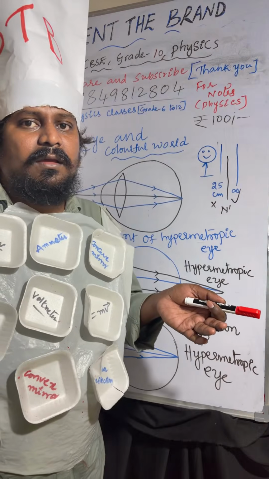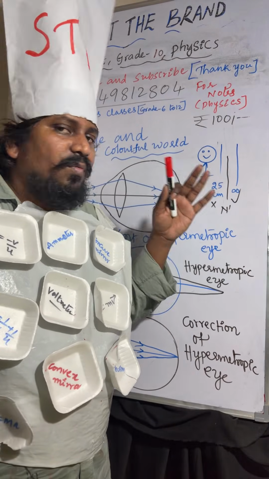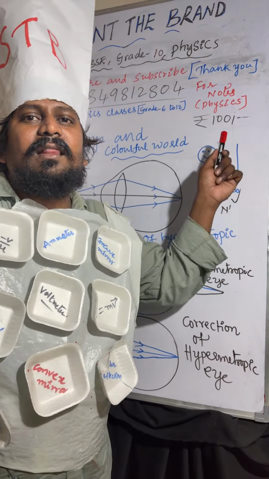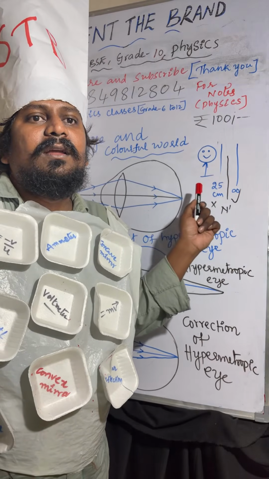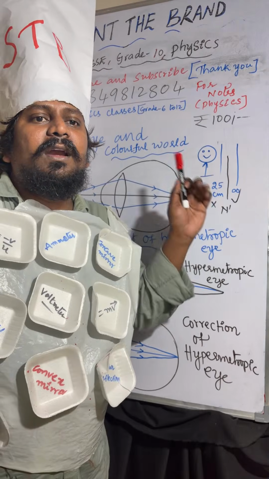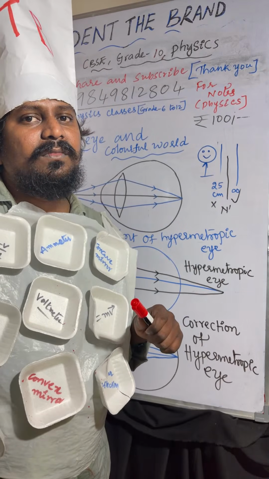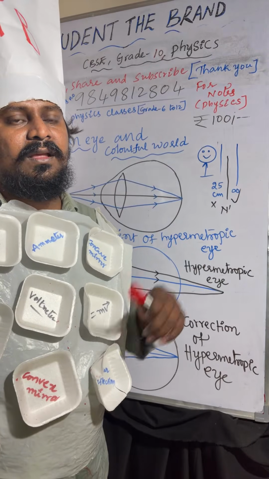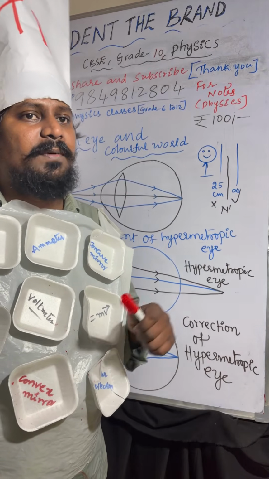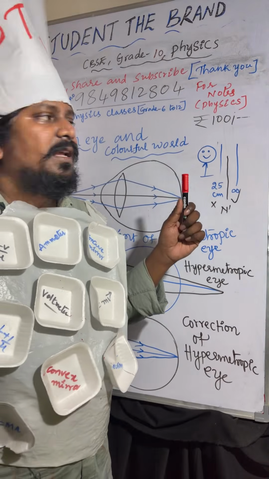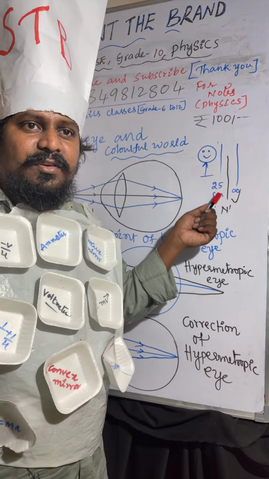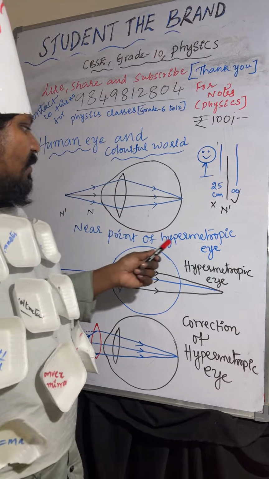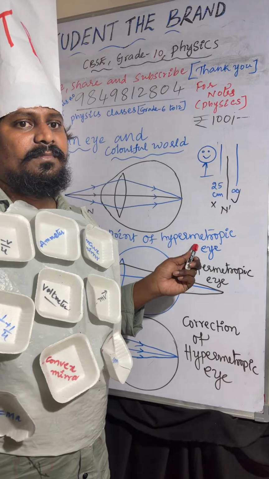But somewhere between 25 and infinity, in the middle, he can see. That is the near point of the hypermetropic eye. So if the light rays are coming from this point, this is the diagram.